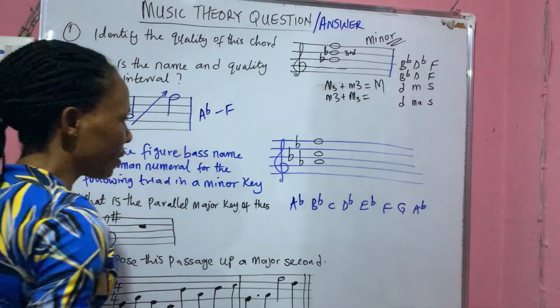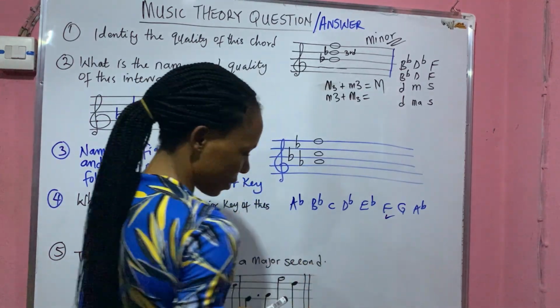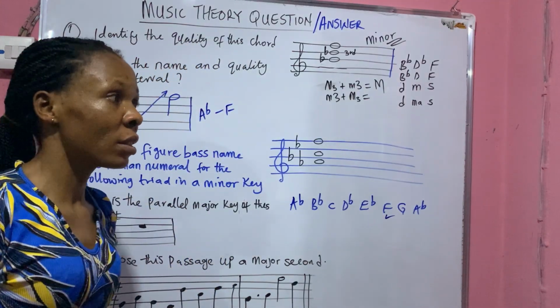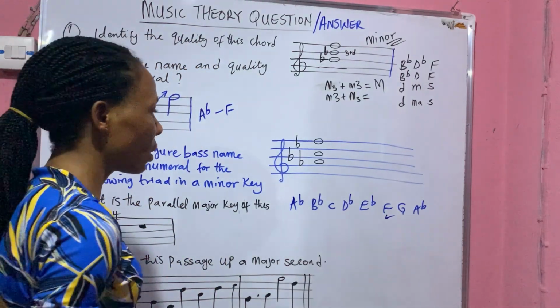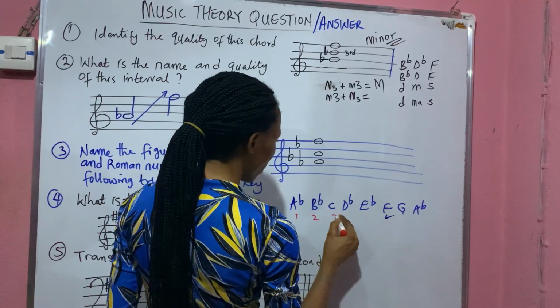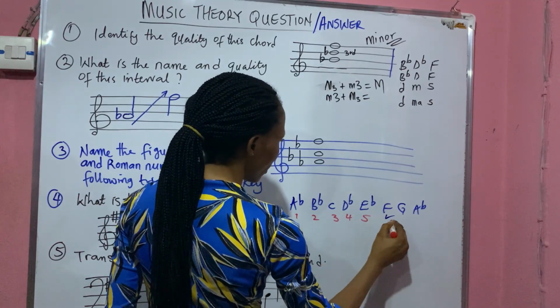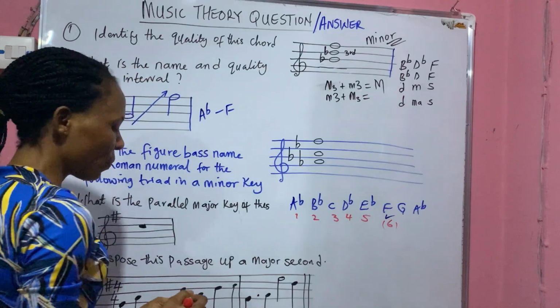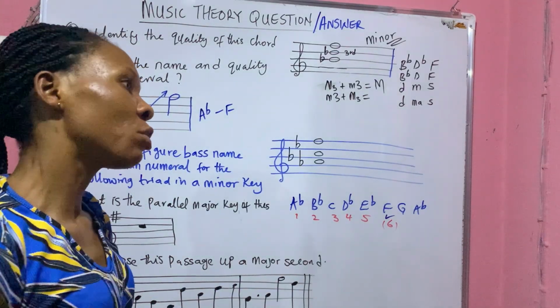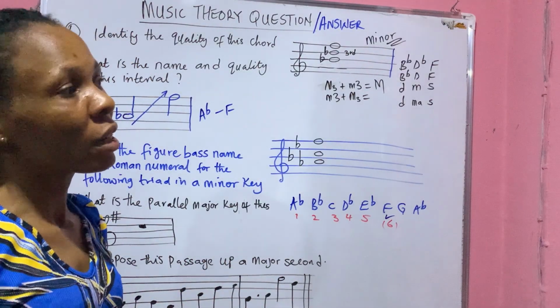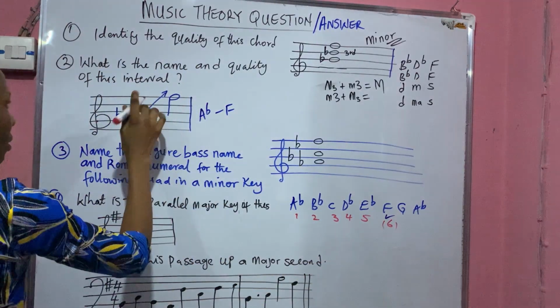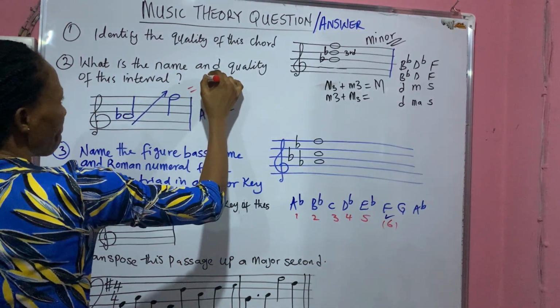The answer is yes. If we have F, that means we can now know our quality, because the quantity is 3, 4, 5, 6. If F is in the key of F flat, that is going to make it a major. If it is not, that is going to make it a minor. So it is. The answer to this question is major.